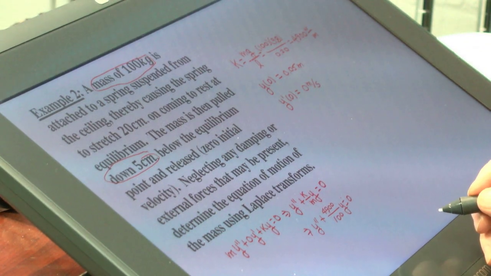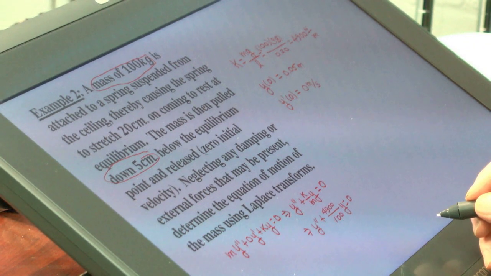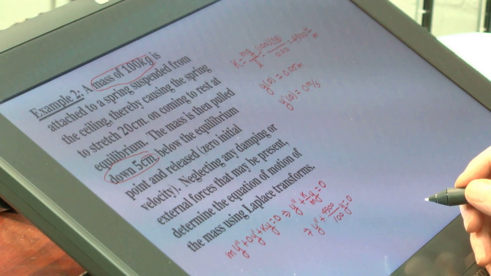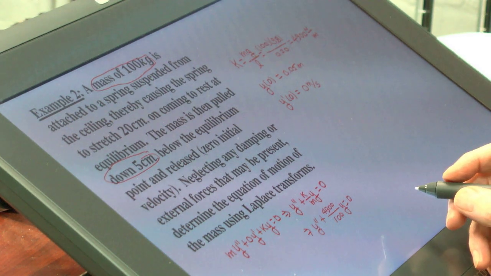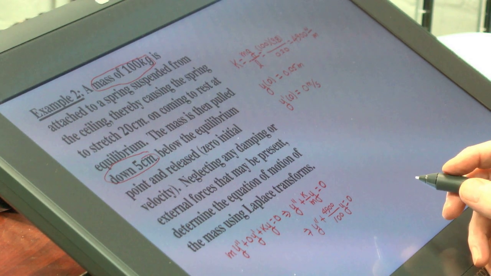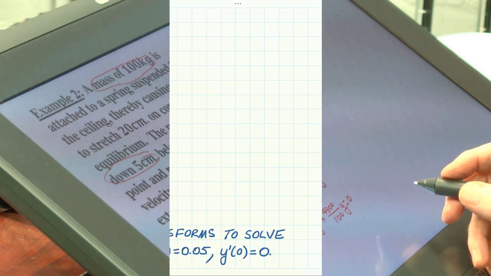Now y double prime plus 49y equal to 0 is the same differential equation that we had in example 1, but this time we have a larger mass and our initial conditions are different.